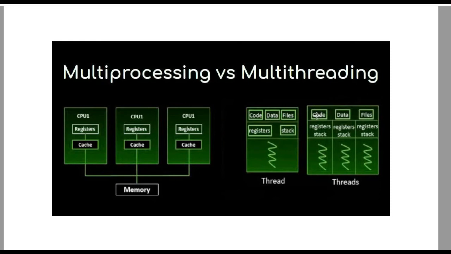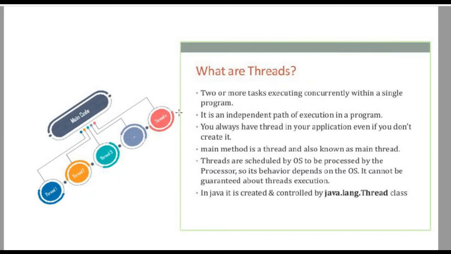When it comes to a thread, each thread shares the common resources like program code, data, files, and memory. That is why this is called a lightweight process. A process is comparatively heavy because each process unit has its own details mentioned in the process control block.